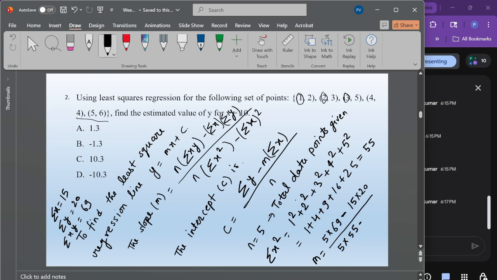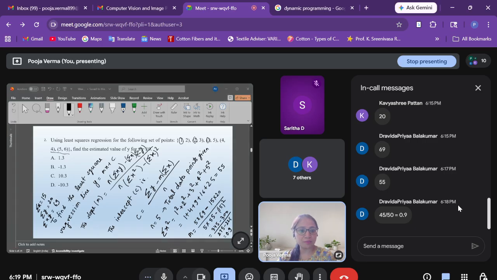Summation of x is 15, so 15 whole square. Now if you multiply, you will get 345 minus 300 divided by 275 minus 225. If you subtract and divide, you will get 0.9. Okay, m we will get 0.9. Yeah, correct, Priya.